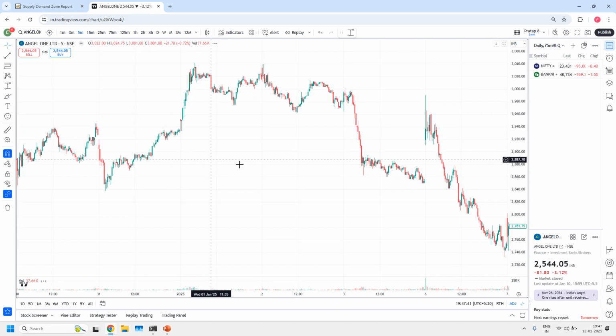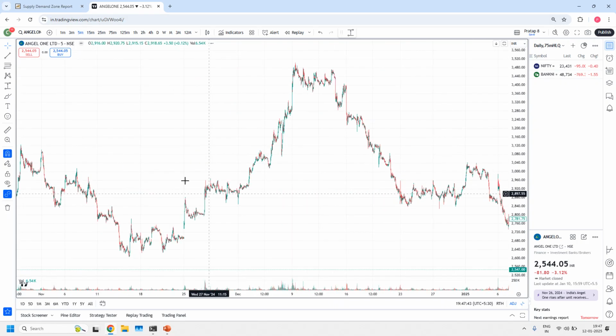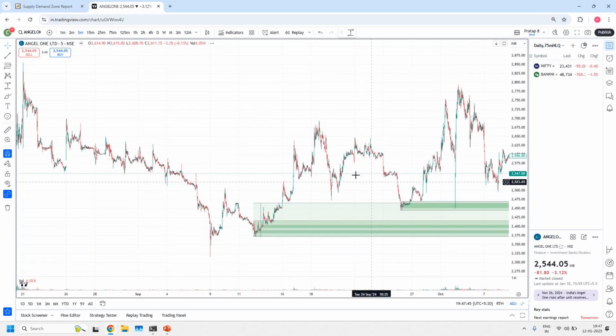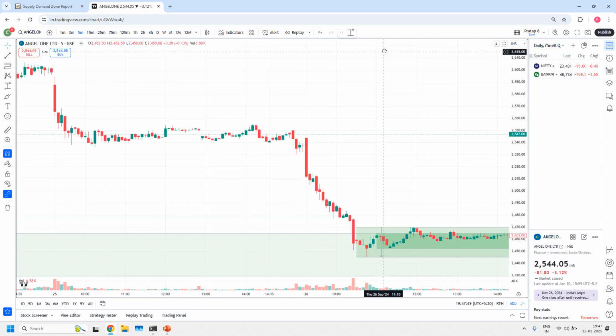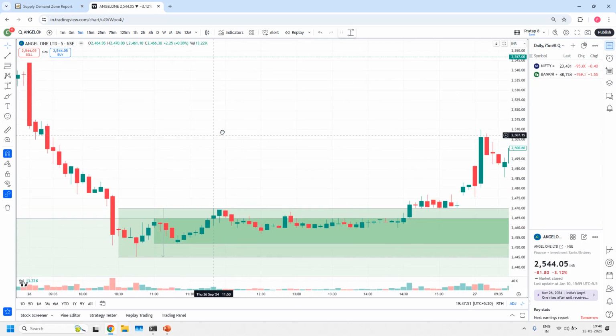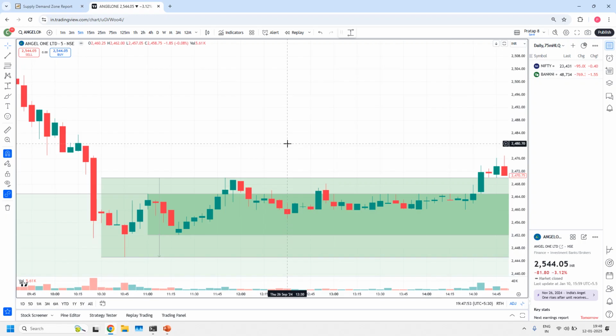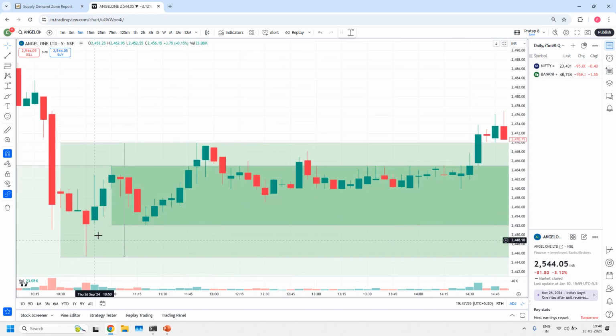Now go to the 5 minutes time frame. Here in the 5 minutes, do you have any proper 5 minutes structures here? Here we have a 5-minute structure.